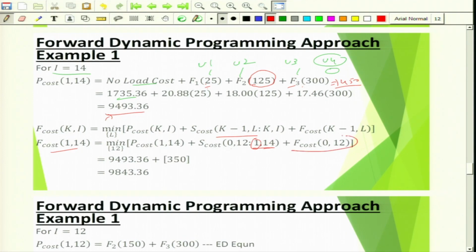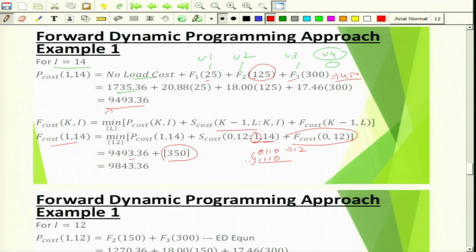Now you can see here, this is the production cost at this interval plus the transition cost: you are changing from 0, 1, 1, 0, this is the 12th combination, to 1, 1, 1, 0. So that means 0 to 1, you just consider 350 megawatt. That means unit 1 is turning on from 0 to 1, and unit 4 does not exist. So plus 0.02, which was there in the previous case, is not there here. So you get this number.